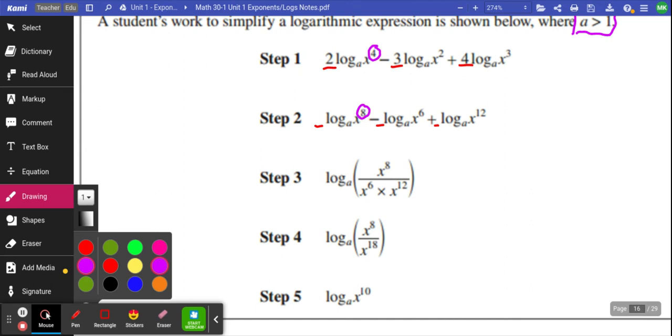This one, that 3 would go to the exponent. An exponent with an exponent is multiplied. 2 times 3 would be 6. So that one's right. Then their exponent 3 became a 12. Well, 3 to the power of 4 would be 3 times 4 is 12. That's right. That means step 2 is good.